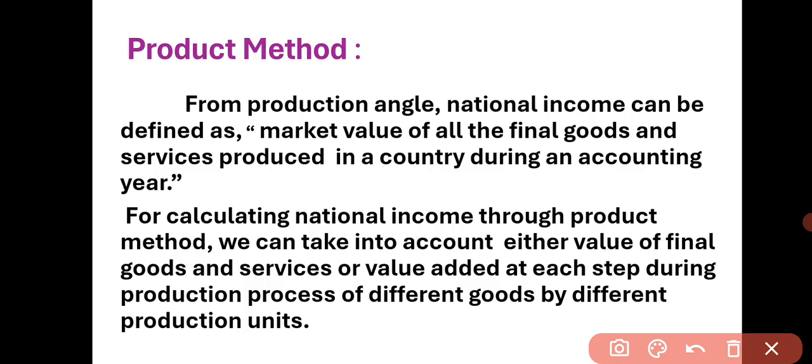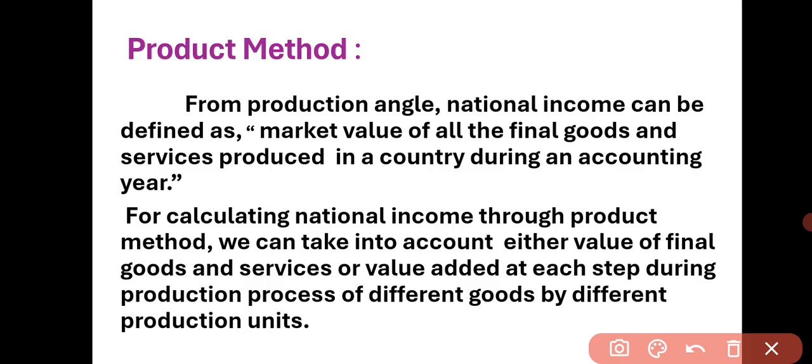So for calculating national income, we can use the product method, or we can take into account the value of final goods and services, or the value added at each step during the production process of different goods by different production units. When we calculate national income in the product method by taking the market value of final goods and services, then it will give rise to gross domestic product at market price.